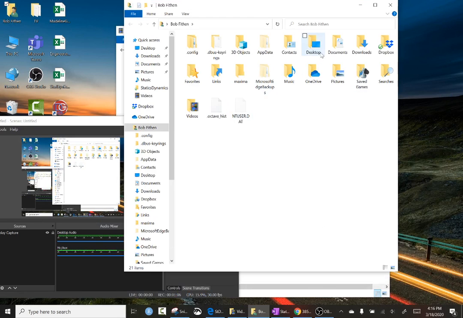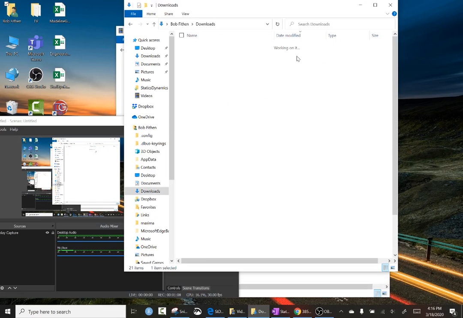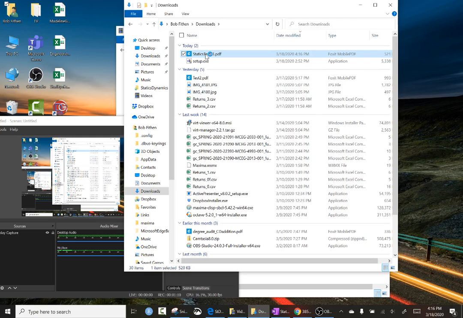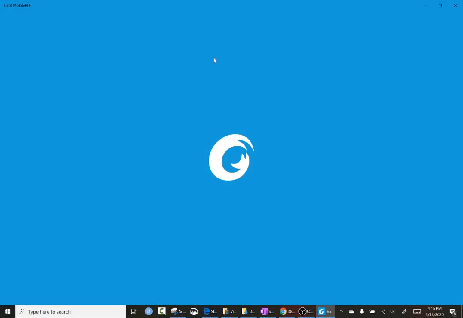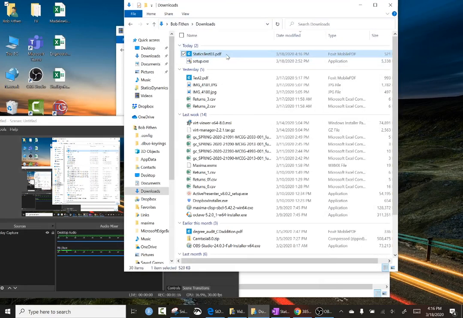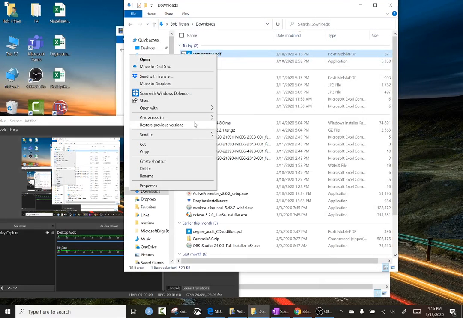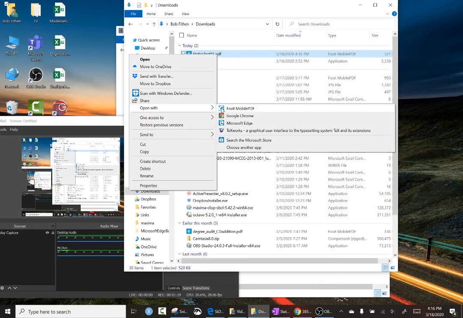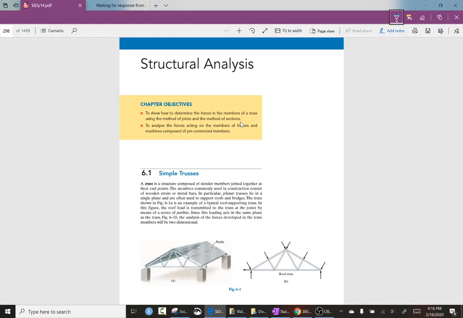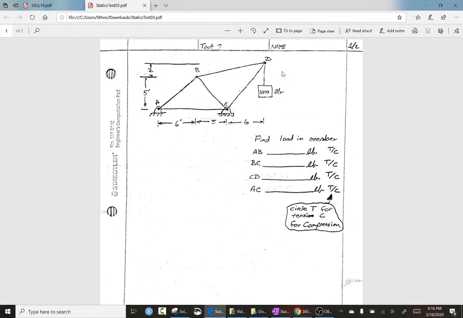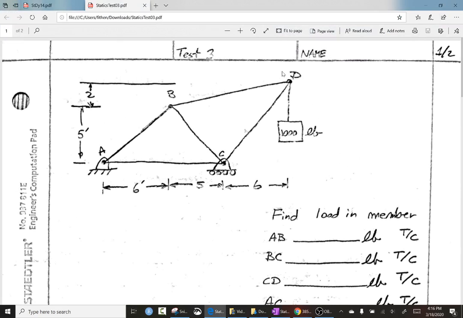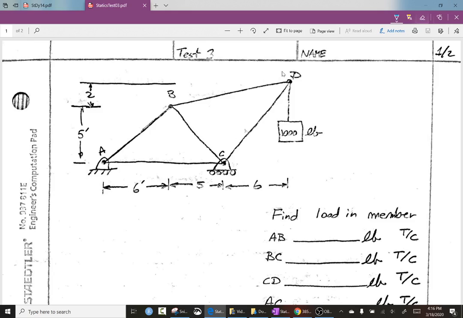I'm going to try to. Well, that is not where I wanted to bring it up in. Alright, here's why I wanted to bring it up in here. Okay, I can write on it.